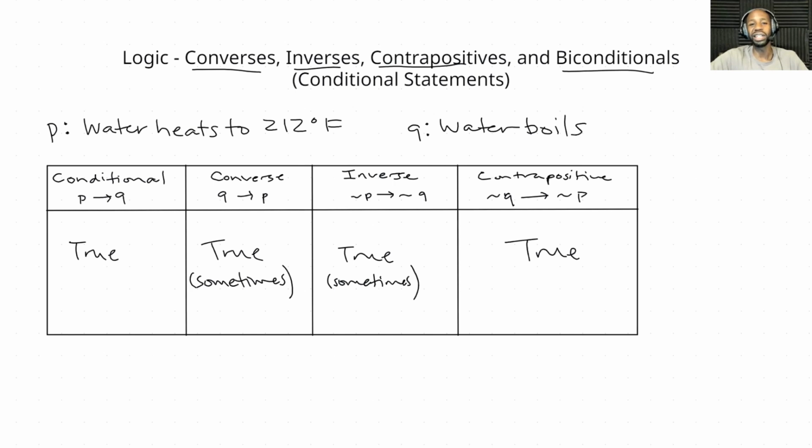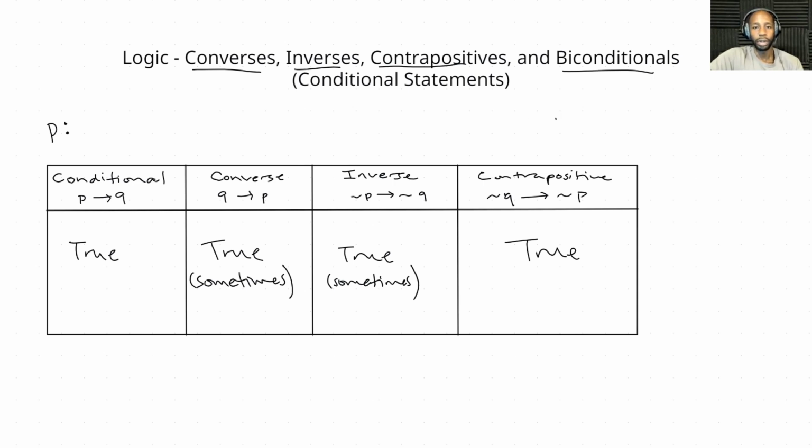I think my example here is okay, but let me give an example that I have here in a book, so we can see a better idea of how this works. I didn't mean to erase that, but just watch this with me. Let's say P is a triangle is equilateral, meaning all sides are equal.